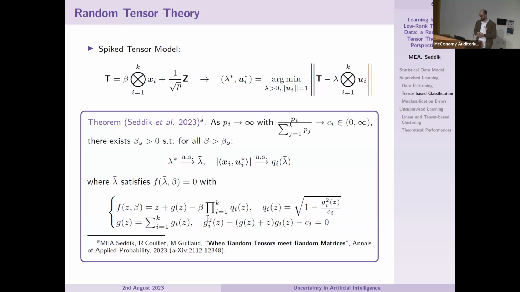If you want to look into the paper in more detail, it uses some arguments from random matrix theory to derive these equations. This G(z) that we see here corresponds to the spectral measure of some random matrix which is related to the tensor under study.